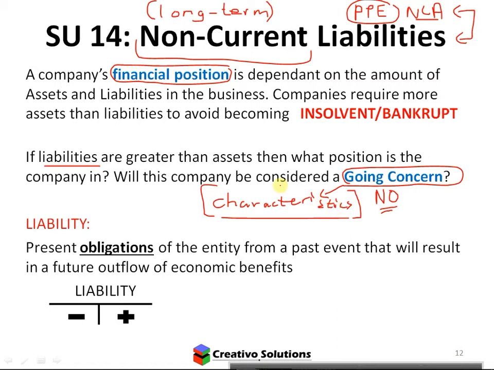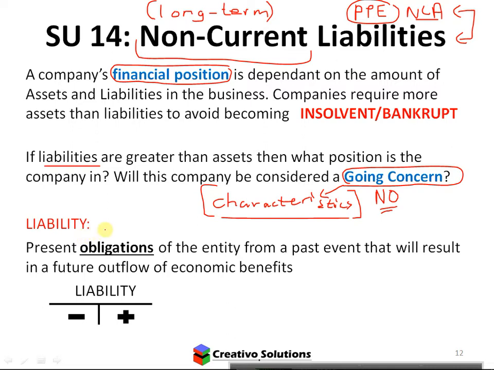Alright, so will a company be a going concern if their liabilities exceed their assets? No. Going concern means assets are greater than liabilities. What's the definition? We spoke about it earlier. Will you have a different definition for a long-term liability? No. You'll have the same definition. The only thing different is the time frame.